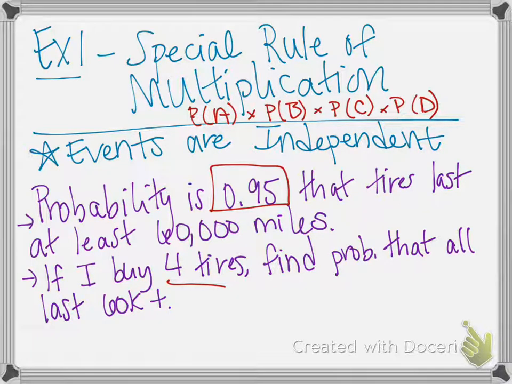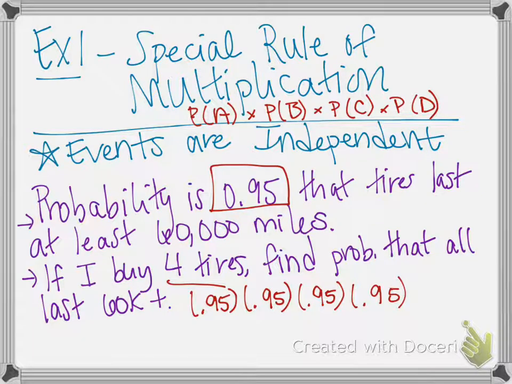So to find my overall probability here, I'll just take 0.95 and multiply it out 4 times, once for each tire. Again, it's independent, so whether or not my right front tire makes it 60,000 has no effect on whether my back left makes it 60,000.